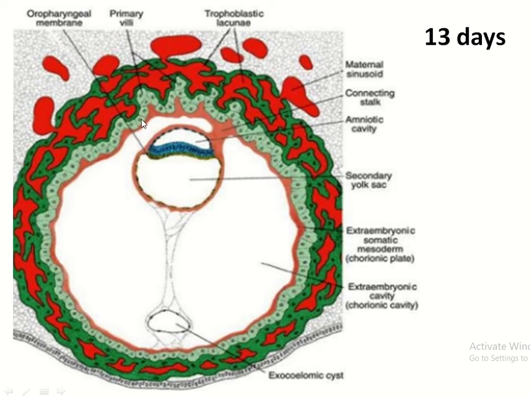Now what happened? The somatopleuric layer of extraembryonic mesoderm enters within the cytotrophoblast. So now this chorionic villus is formed by three structures from within outward: the somatopleuric layer of the extraembryonic mesoderm, covered by cytotrophoblast, and the cytotrophoblast again covered by syncytiotrophoblast.